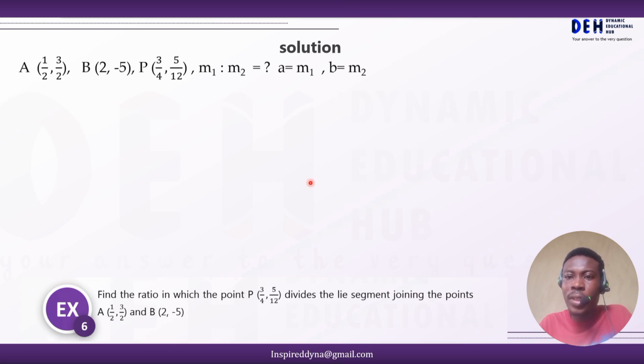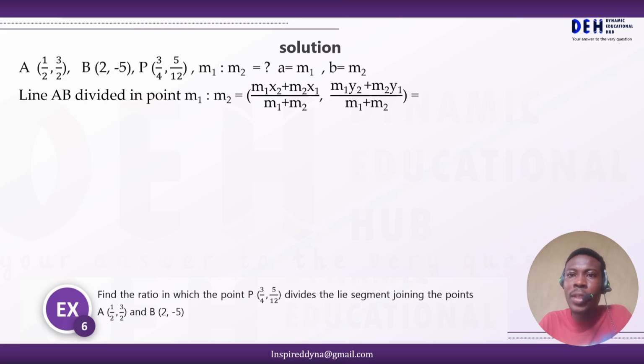We can also see here that the line AB is divided in ratio M1 to M2. When you are dividing any line into a ratio M1 to M2, we use the segment formula to divide our line, isn't it? When we divide the line AB according to the question, we are getting a coordinate, which is this P, the point on the line.